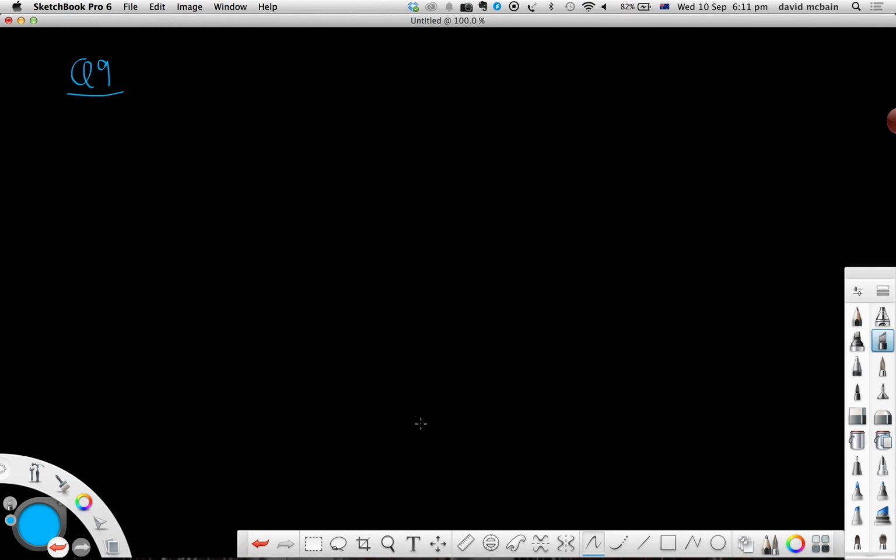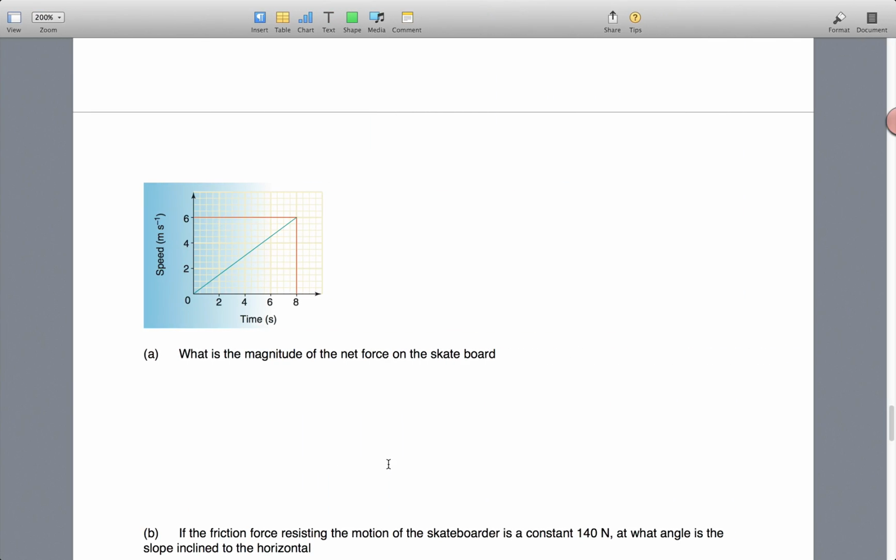Okay, so the gradient of a graph is simply its rise over its run. Make sure our units are correct: we're in meters per second here and seconds here, so that's all fine.